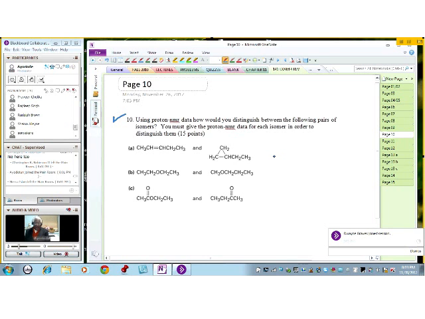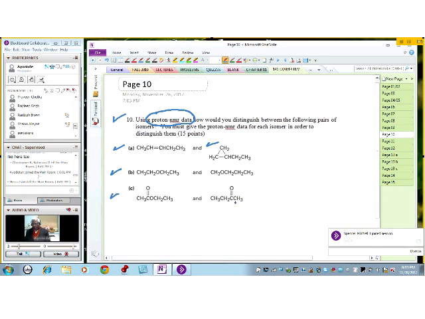Okay, thank you. Very good. So what they are asking us to do here is to use the proton NMR data to distinguish between this set of isomers, this isomeric molecule. These are constitutional isomers. B is also constitutional isomers, and C also is constitutional.